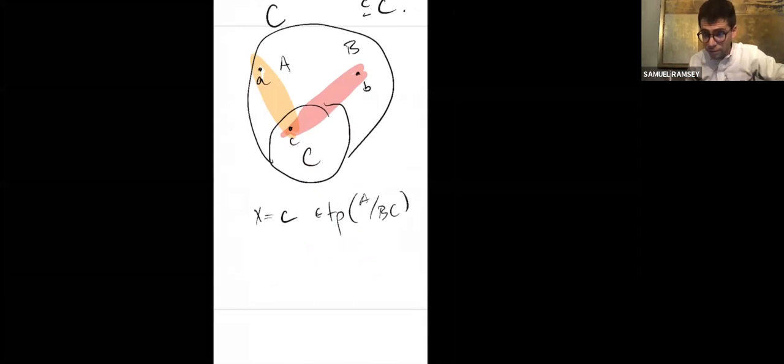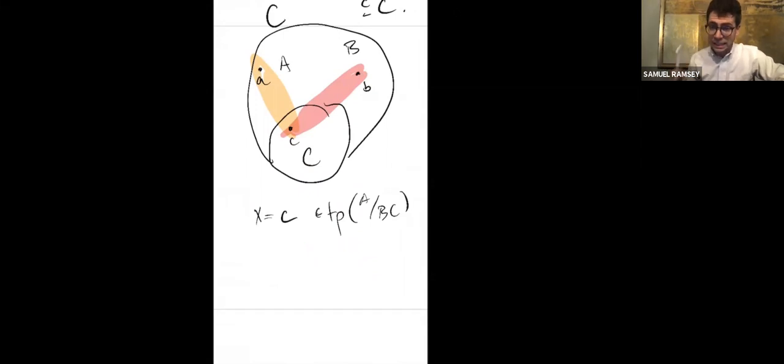Does that divide? Well, no, because the base here is C. So if I want to divide over C, I have to move my formula along what kind of sequence?